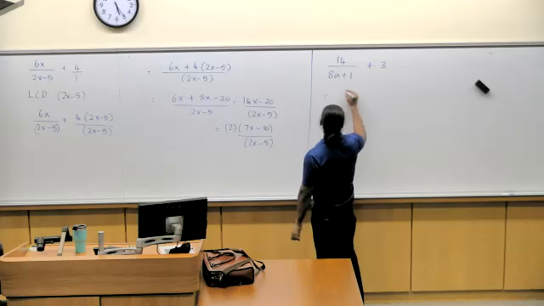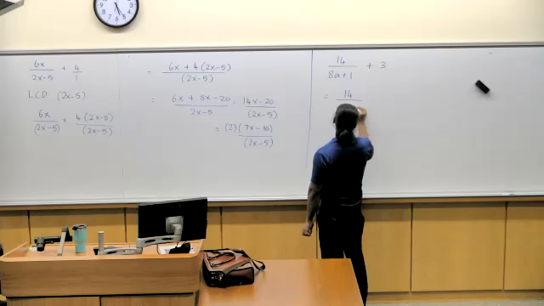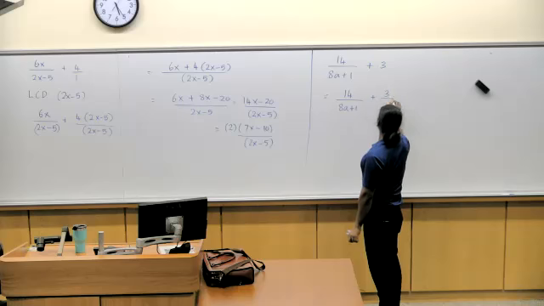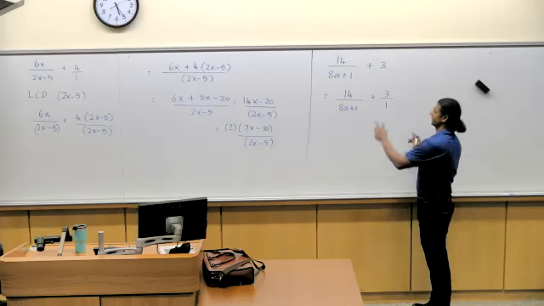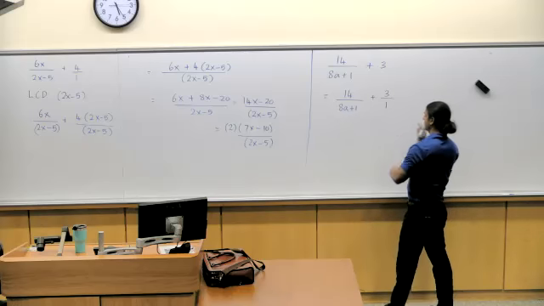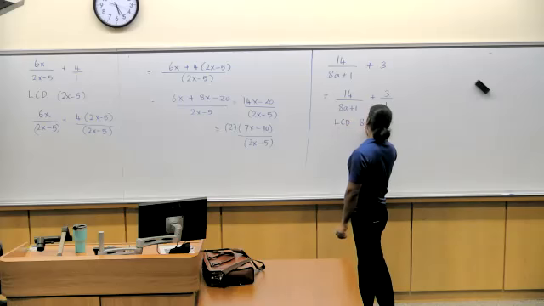So we simply have to do 3 divided by 1. There is an 8a plus 1 here. There is no 8a plus 1 there. So the common denominator has to be 8a plus 1.